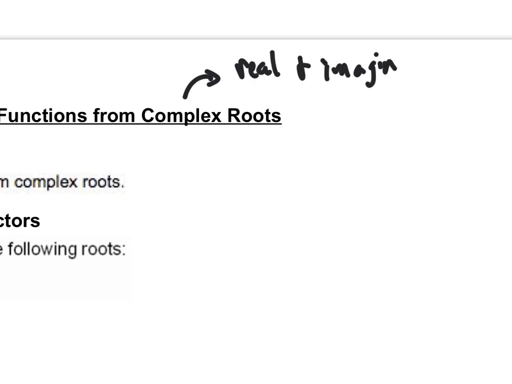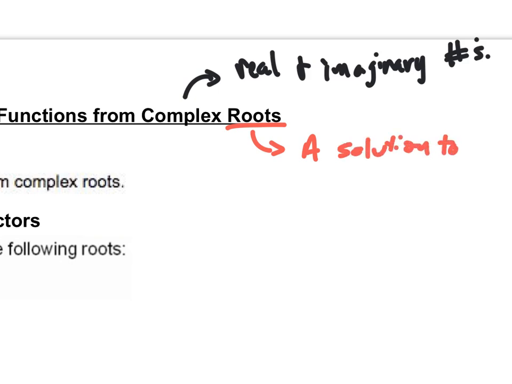The reason they did that is because we will be dealing with real number solutions, but we'll also be dealing with imaginary number solutions. And roots, remember, that word means a solution to a polynomial.